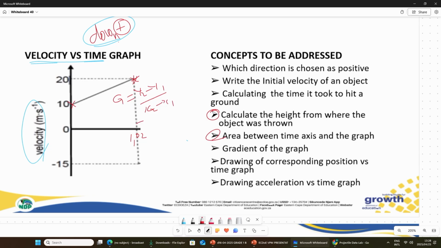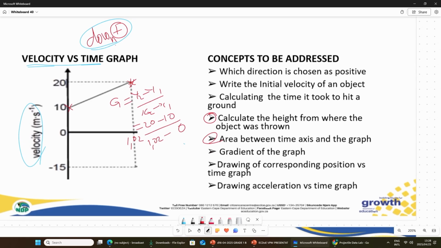So we can choose y2 to be 20 minus y1 to be 10, divided by x2, which is 1,02, minus x1, which is 0.